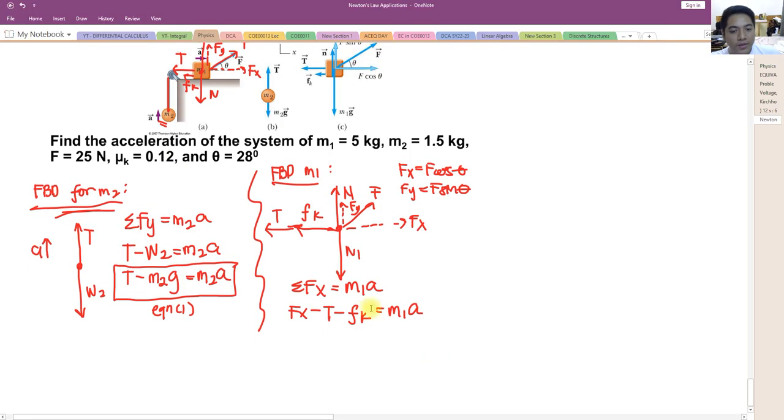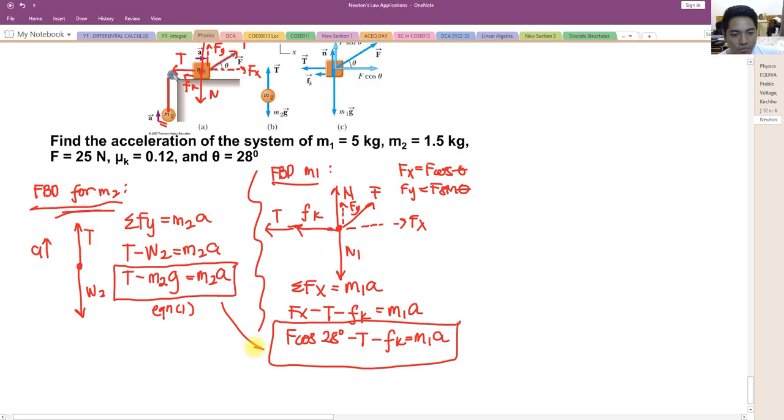So we have F cosine of 28 degrees minus tension minus fk equals m sub 1 a. This will be our equation 2. We're going to simply add these two to cancel the tension, but we are still left with f sub k. So we still need to find f sub k first before we can solve this.